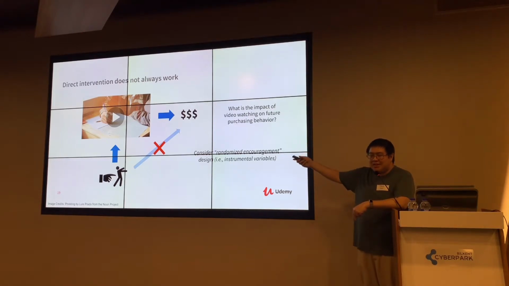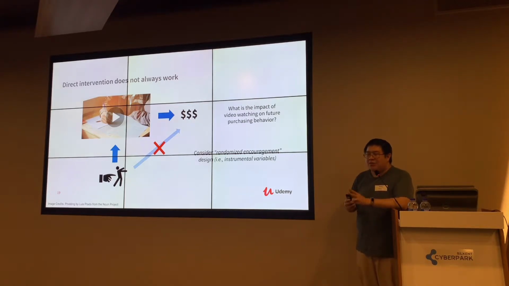You suggest to that user, hey, we think you should watch this lecture video, and you measure two different things simultaneously. First, you measure to what extent does the nudge affect the person's likelihood of watching the lecture video. And second, you measure to what extent does the nudge result in an increase in whatever metric that you care about, whether it's revenue or engagement, so on and so forth.